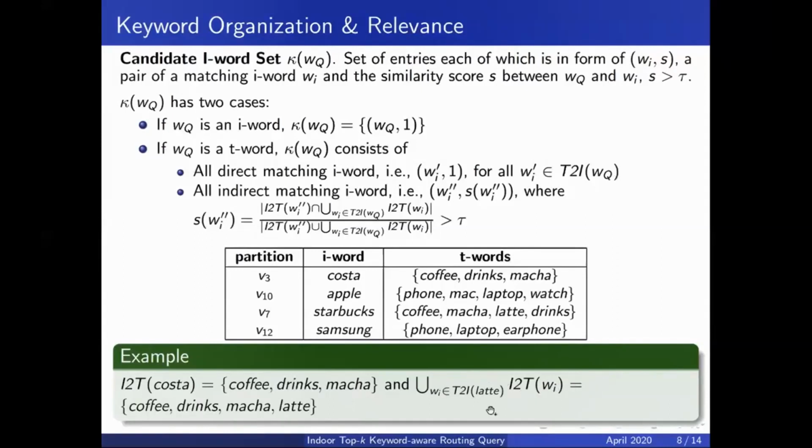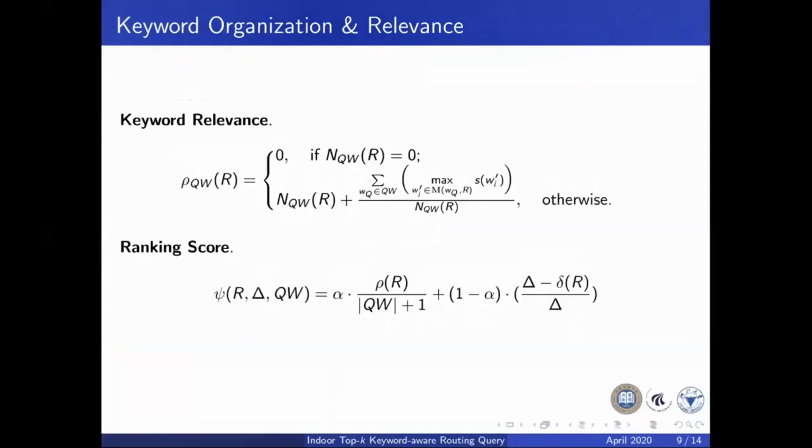And the right part measures the average of each covered keyword WQ's maximum similarity score with its matching I-words on R. Then the ranking score of R is computed as a linear combination of the normalized score of keyword relevance and spatial relevance, as it is shown here.